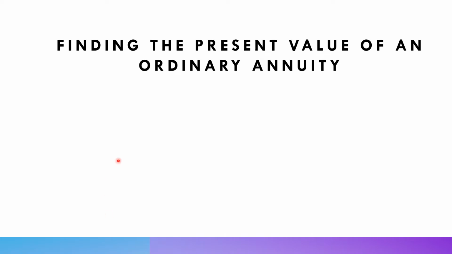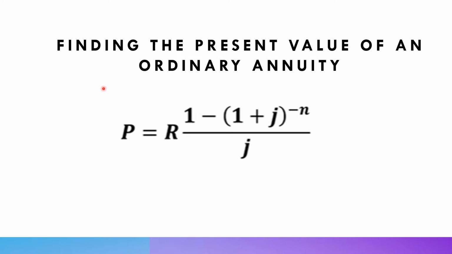Next, finding the present value of an ordinary annuity. So, how are we going to find the present value of an ordinary annuity? This is our formula to be used. P is equal to R times the quotient of 1 minus the quantity of 1 plus j raised to negative n all over j.